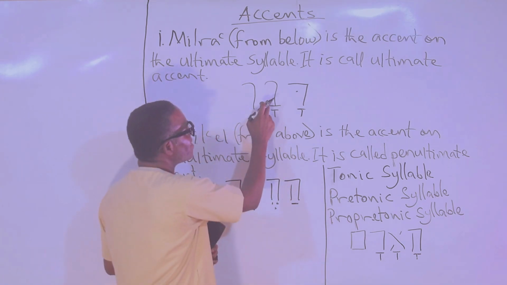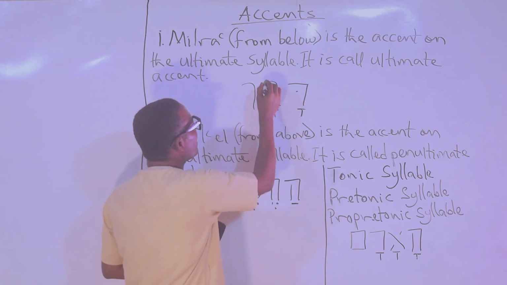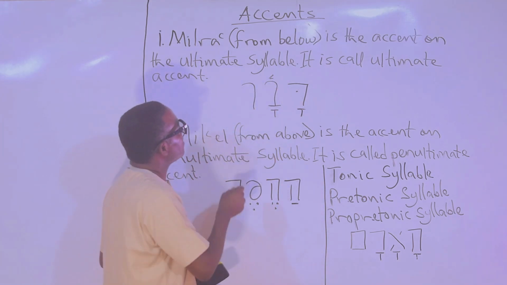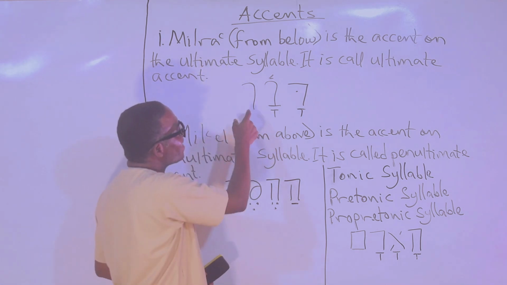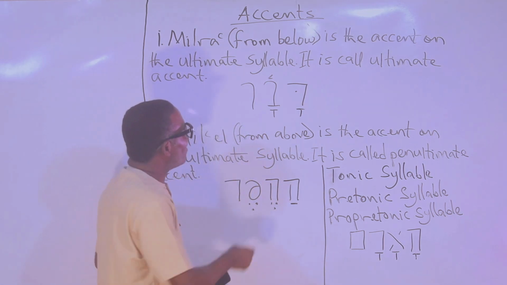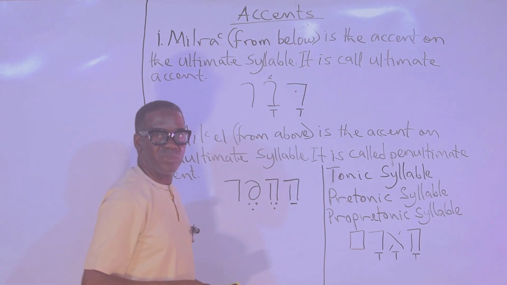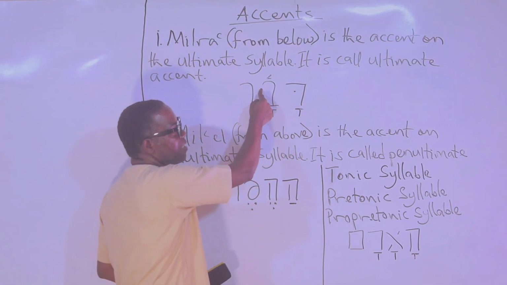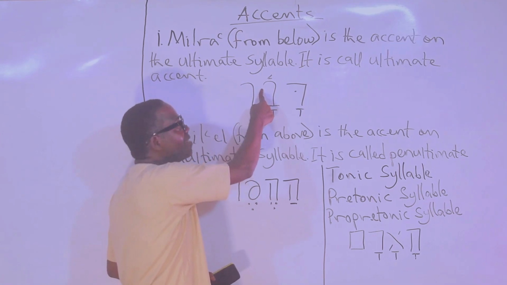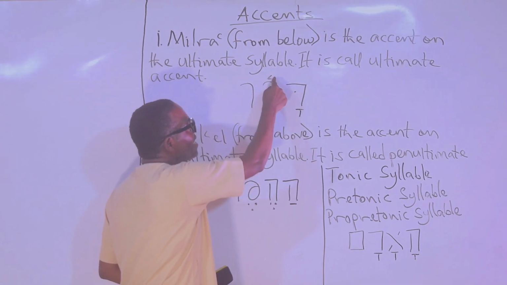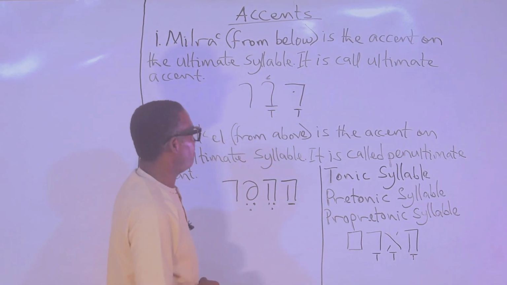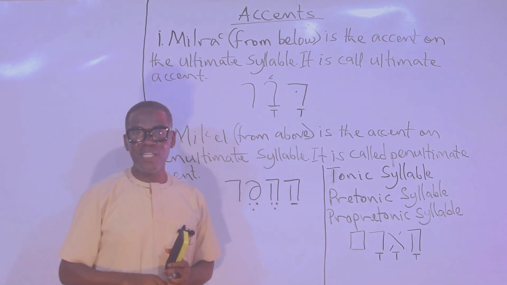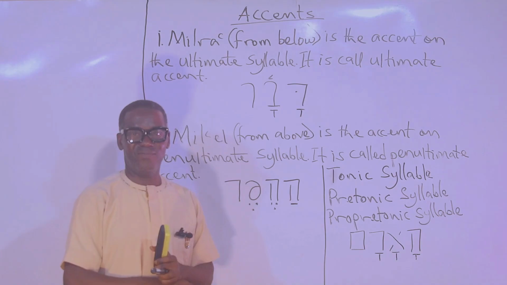Now, the accent on this word is on the last syllable. It is milra. Milra is the accent on the last syllable. This is the first syllable of this word, and this is the second, which is the last syllable. So the accent is on milra. The accent on milra in Hebrew is not being indicated.